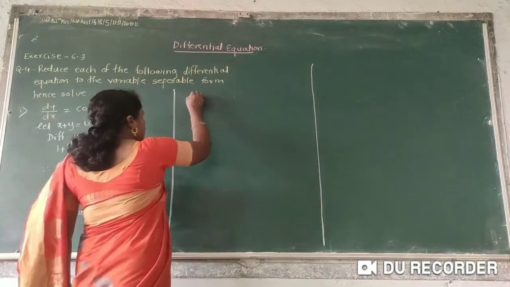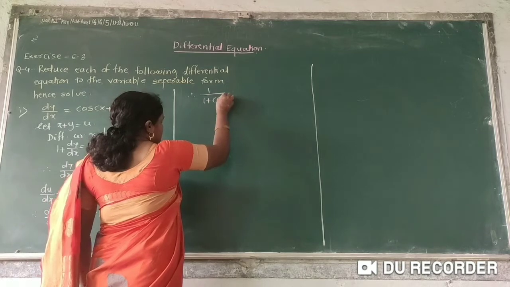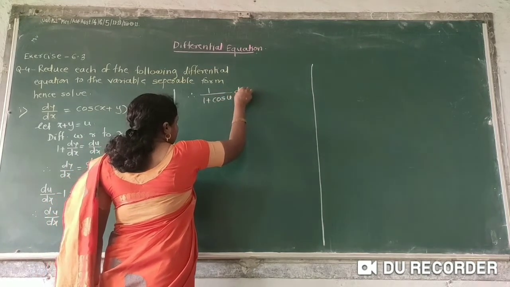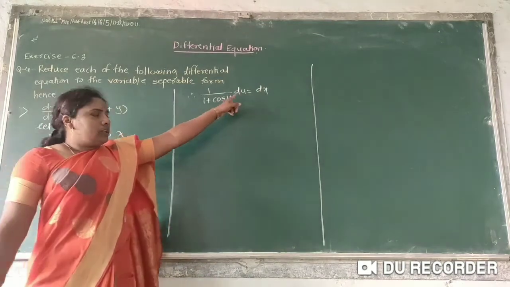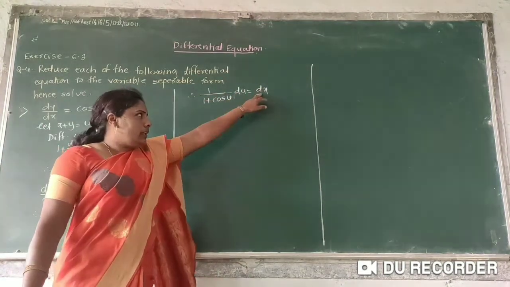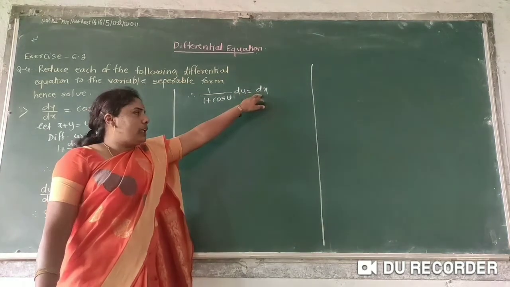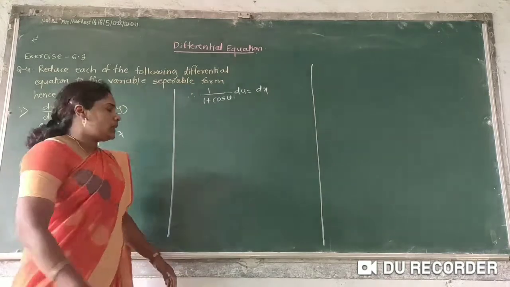Therefore, we get 1 upon 1 plus cos u du is equal to dx, and observe that the coefficient of du is only a function of u, and the coefficient of dx is 1, which is a constant. Therefore, it is variable separable form.